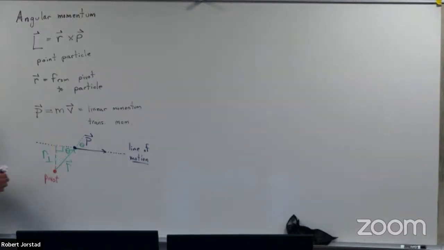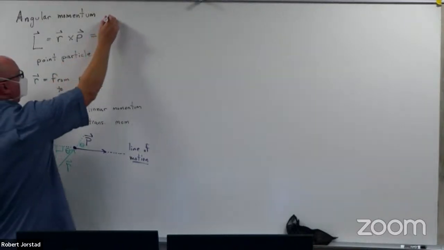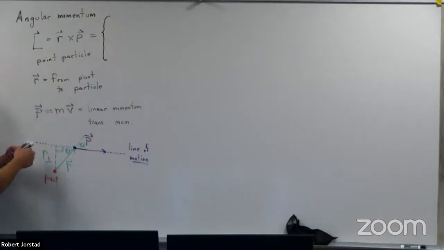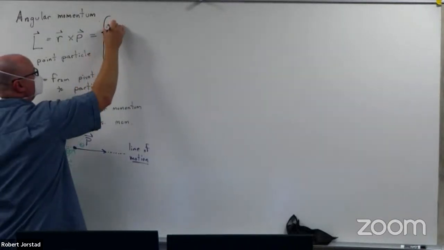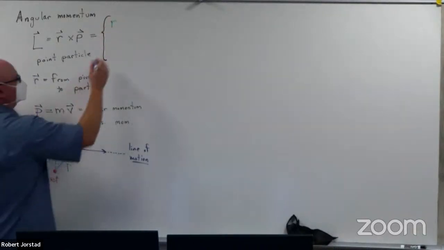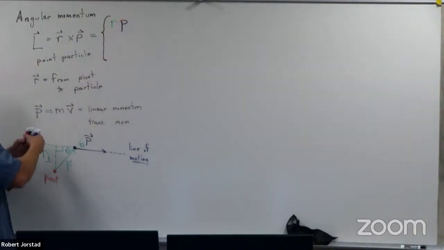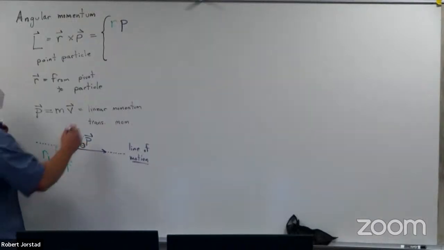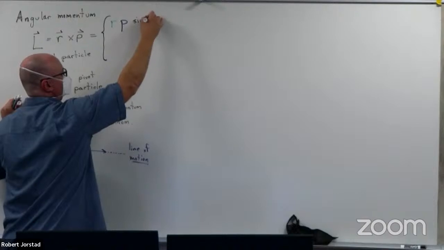So I'm going to point out something up here. If I bring this up to my original definition, we can actually figure this out in a couple of different ways. We could say it's the radius times the momentum times sine of the angle between, theta.